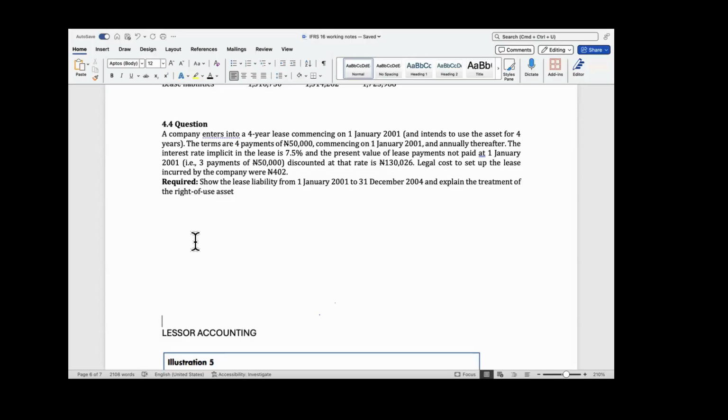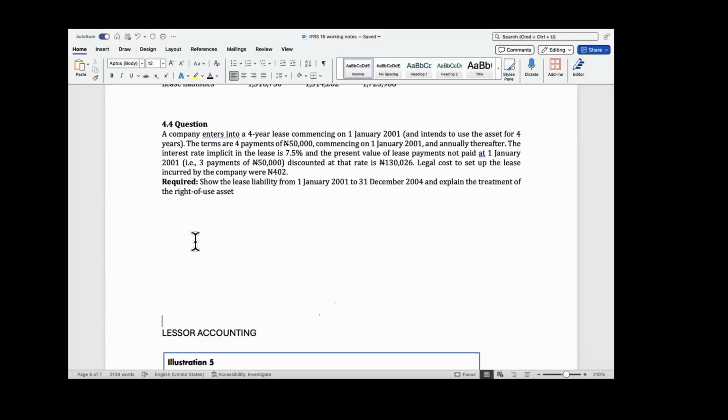The interest rate implicit in the lease is 7.5%, and the present value of lease payments not paid at 1st of January 2001, i.e. 3 payments of 50,000 naira discounted at that rate, is 130,026 naira.